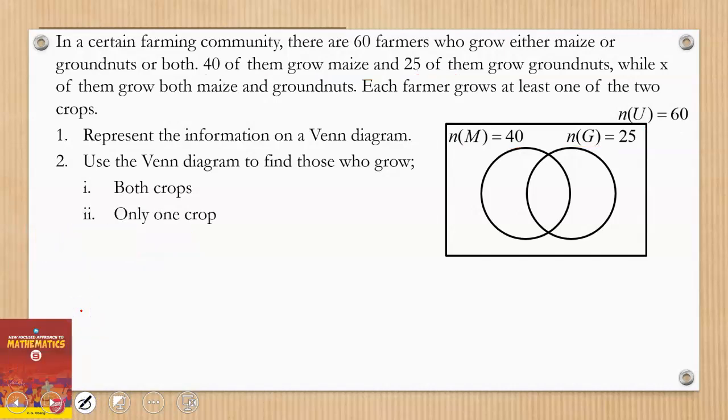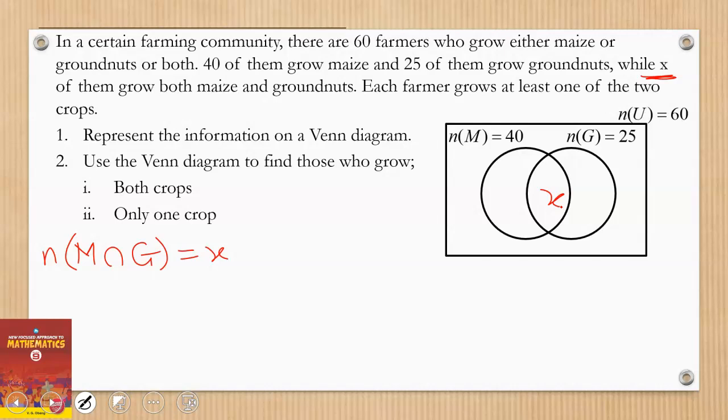Now we have this. Then the question said, X of them grow both maize and groundnut, which means the number of maize intersection groundnut is equal to X. And so we put our X here. Now, after representing X for the intersection of the two crops, we want to know how many of them grow only maize and how many grow only groundnut.